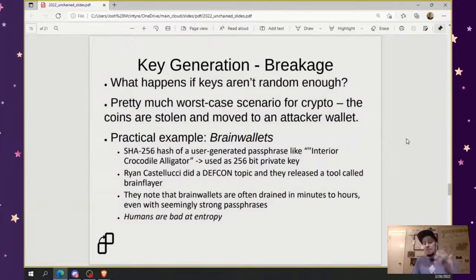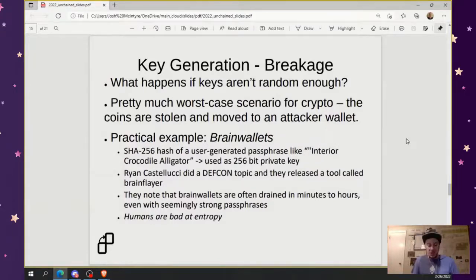And if you have a poorly generated private key, the attacker can then take the coins and move them to an attacker-controlled wallet in a new transaction. Now, what's a practical example of this? A very good practical example of this poor key generation is what we call brain wallets. This is the idea of generating your own passphrase.